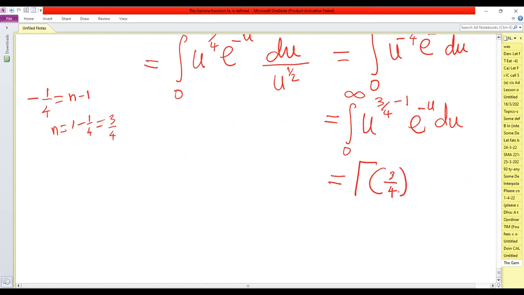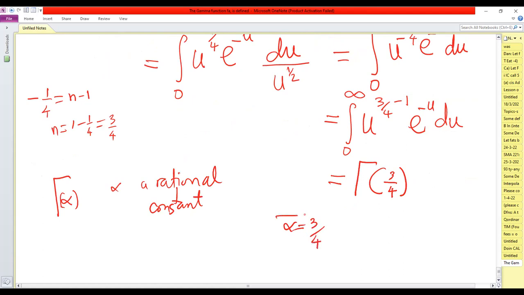And remember the question wanted us to express our answer in the form of a gamma function, where alpha is a rational number, a rational constant. And indeed, 3 over 4 will be the value of the constant alpha.